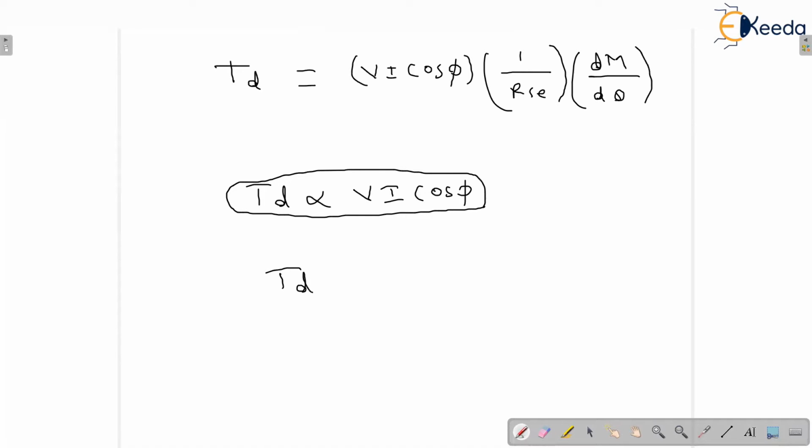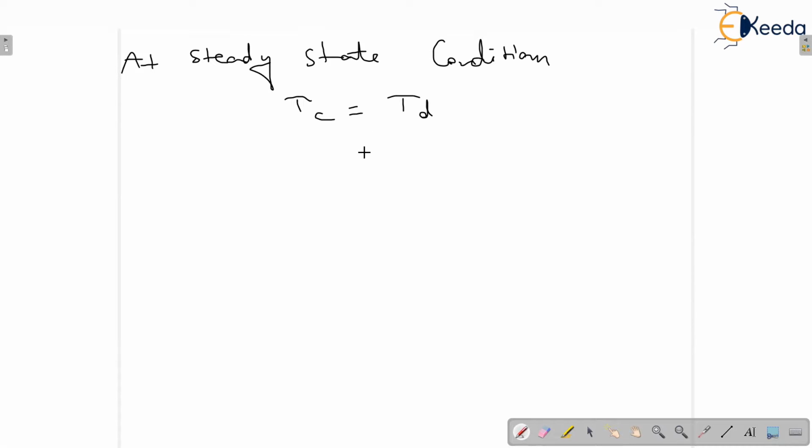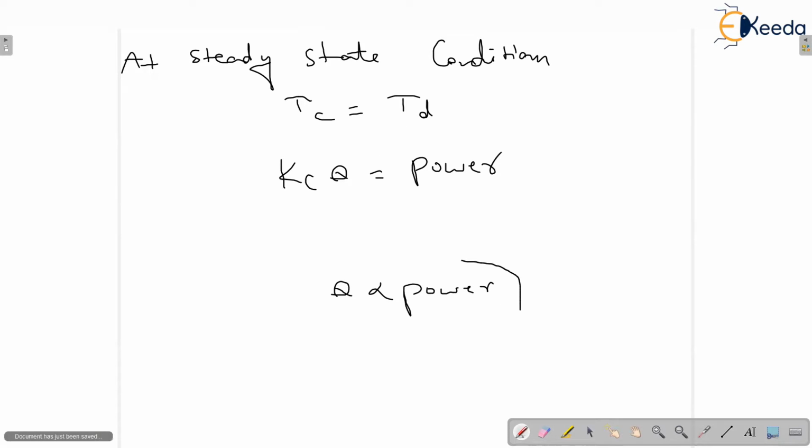So TD is directly proportional to power. The next, at steady state condition, TC is equal to TD, where TD is the deflecting torque. K C theta is equal to, TD is again power. So theta is directly proportional to power.